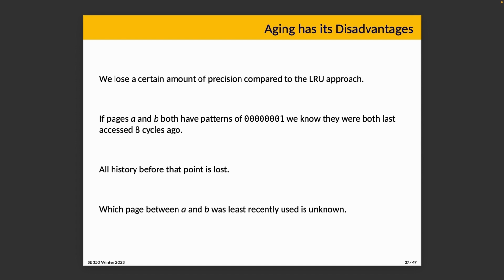Which page between A and B has been recently used is no longer clear. Now, it's okay, honestly. Nothing of tremendous value is lost if we don't have the most precise between A and B. If they're both equally, in quotation marks, old, as far as we're concerned, that's good enough from our point of view to just pick one or the other, right? The algorithm doesn't have to be perfect, it just has to pick something.